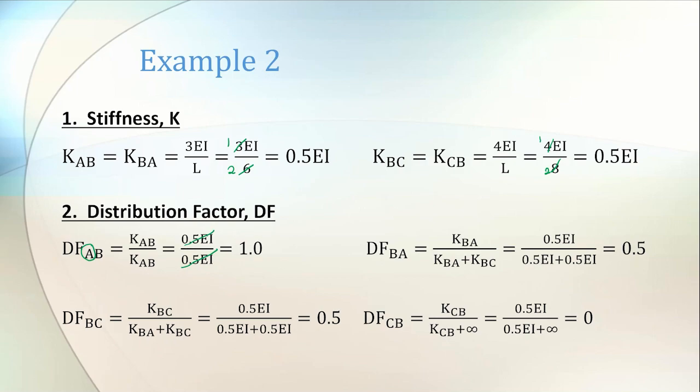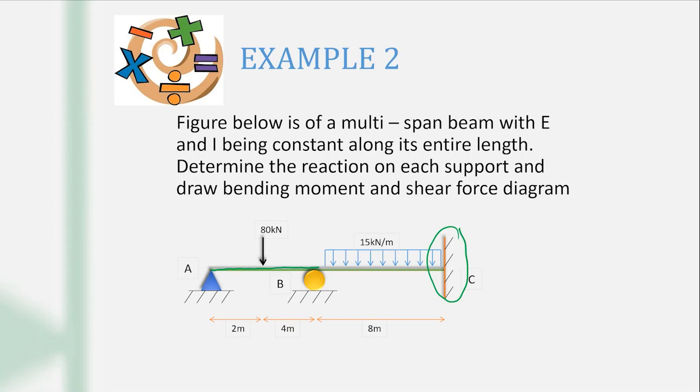you will get 1. And for distribution factor B to A, KBA, because we are calculating for distribution factor BA, so the stiffness is BA also, divided by KBA plus KBC, because when you refer to this beam, we are doing KBA, which means that we are looking at support B. So when it is support B, you have two beams on this support, which are beam BA and beam BC.